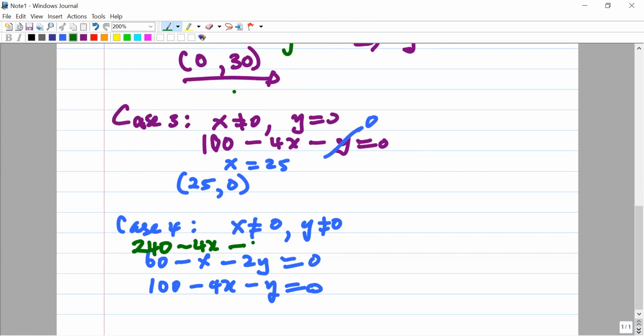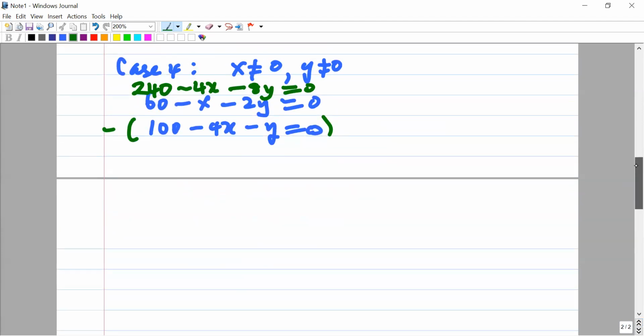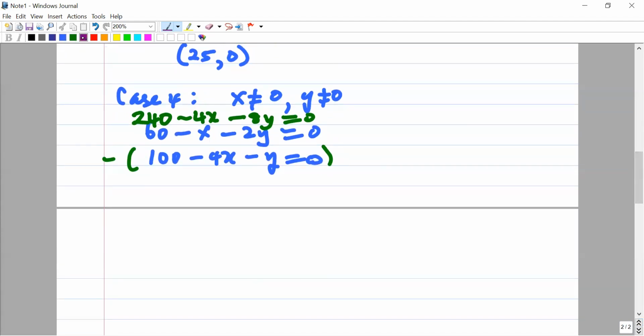Then subtract the bottom one from the top one. And if you do that, you then get 240 minus 100, it's 140.